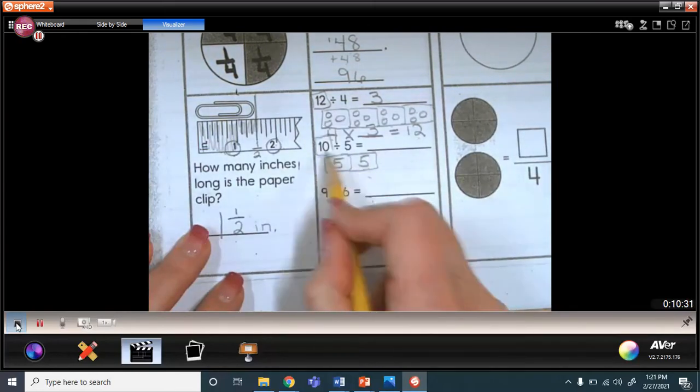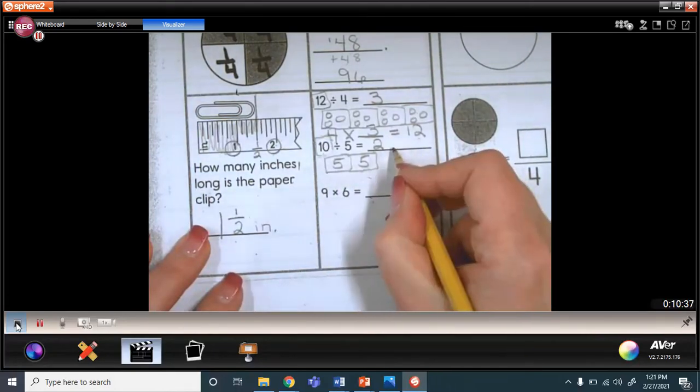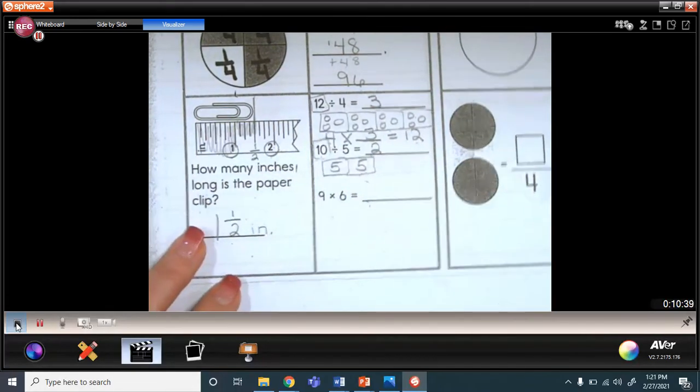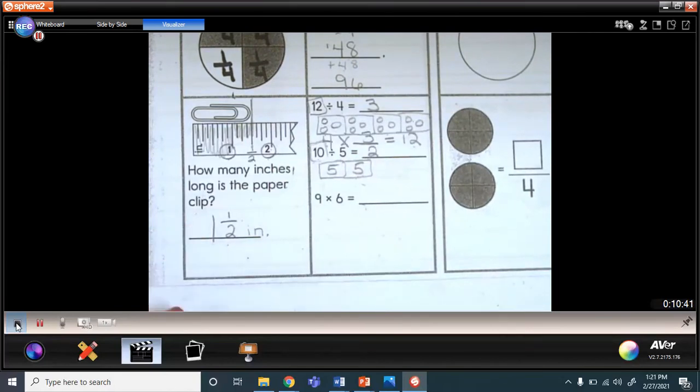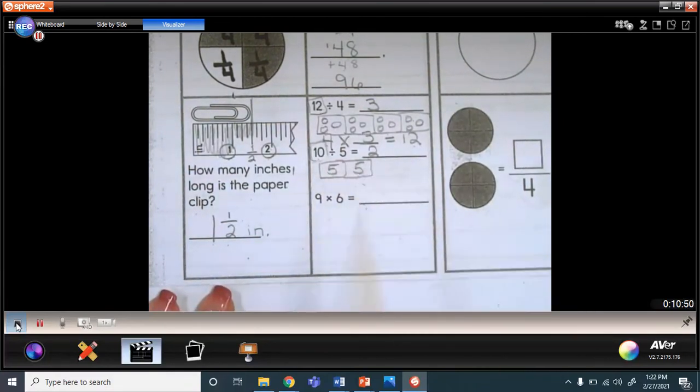So 5 and 5 makes the 10. So now I know that I have 2 groups of paper. I was going to do an array, but I thought that might confuse you, drawing those pieces of paper out. So I just put a stack of 5 here, a stack of 5 here, and then use that to understand how many groups of 5 I have. I have 2 groups of 5.